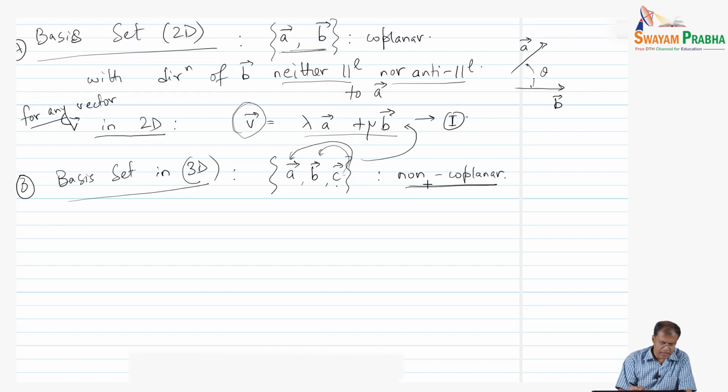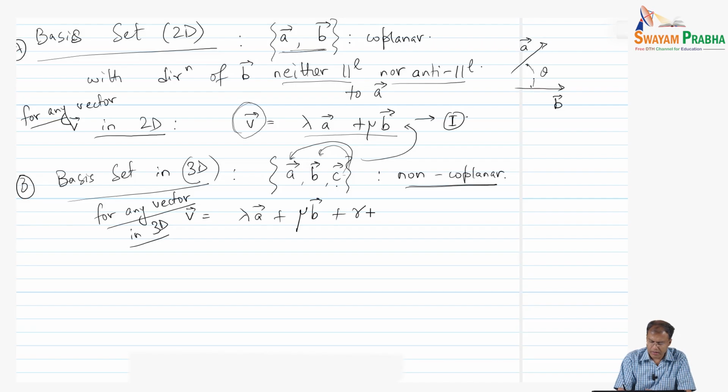So then in that case, for any vector V in 3D, we have V equals lambda times A plus mu times B plus gamma times C. So we can linearly represent the vector V in terms of A, B and C, right?